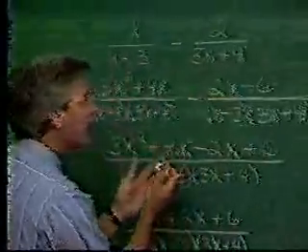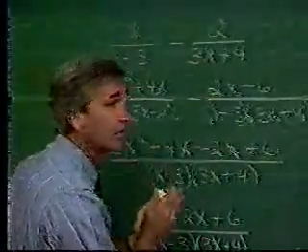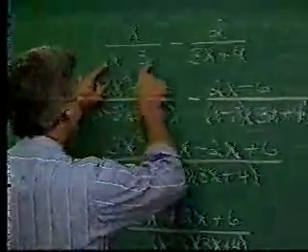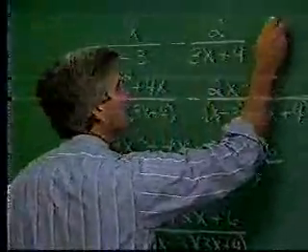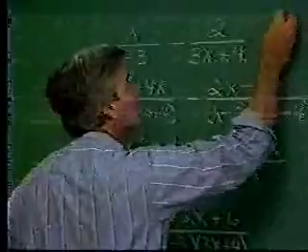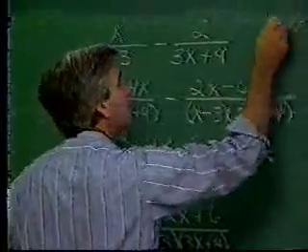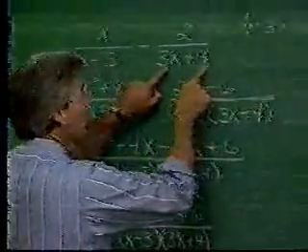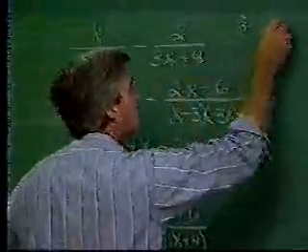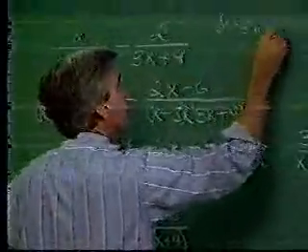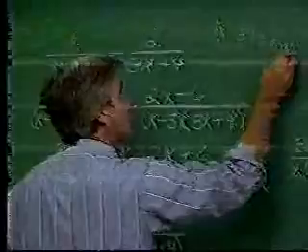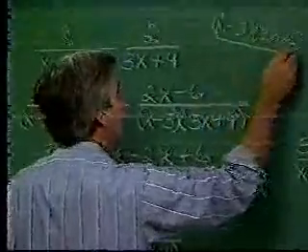So we'll identify a common denominator as being every different factor that we see. Well, x minus 3 appears here, so x minus 3 is part of our common denominator. And 3x plus 4 appears here, so 3x plus 4 must appear in our common denominator. So here is our common denominator.